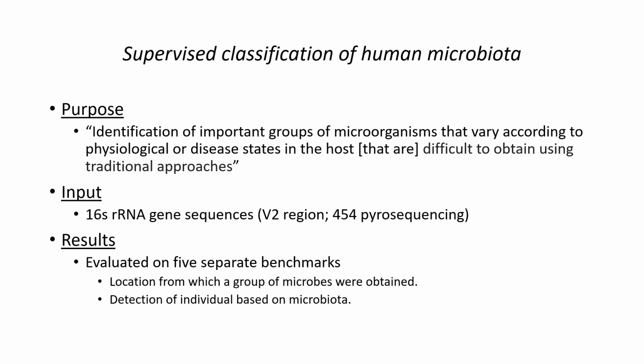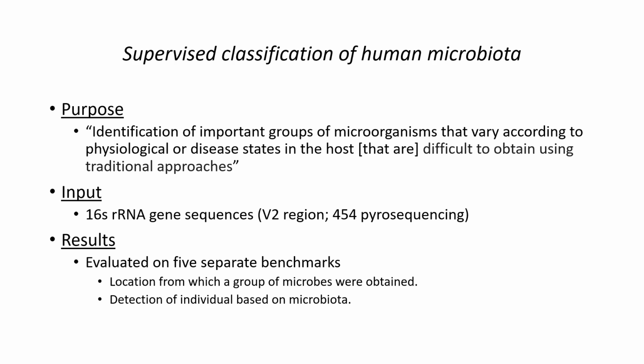Researchers used 16S rRNA sequences as input to the model and tested it on 5 separate benchmarks. In the first benchmark, the model was able to predict whether a group of microorganisms was obtained from someone's external auditory canal, their gut, their hair, their nostril, their oral cavity, or their skin with 100% accuracy.